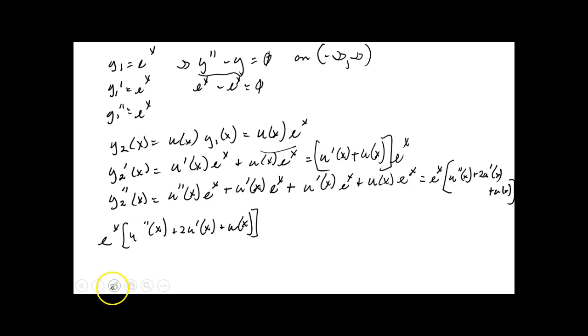That's the y double prime, minus the y here, y2 is e to the x times u of x.